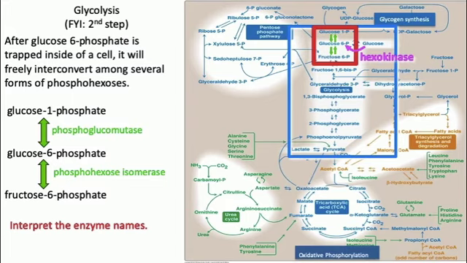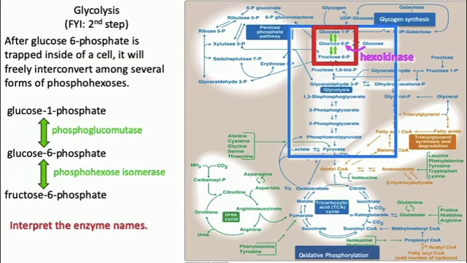That is, you have the same number of bonds, the same types of bonds, but they're organized differently. For example, here the phosphate has been moved from carbon 6 of glucose to carbon 1 of glucose. It is also a learning objective to know that a mutase is simply a type of isomerase.